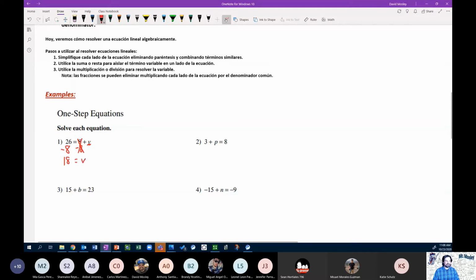Which means 18 equals V. And that is our solution. That means if we check this work, when I replace V with 18, I should get 26 as the result. We see 8 plus 18, right? And that equals 26. Everything works.